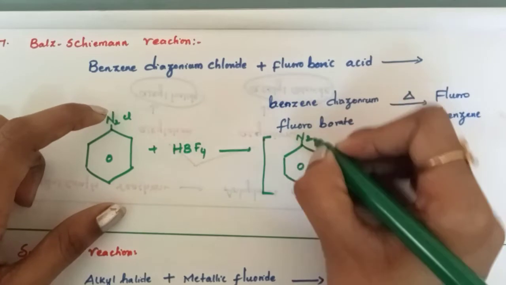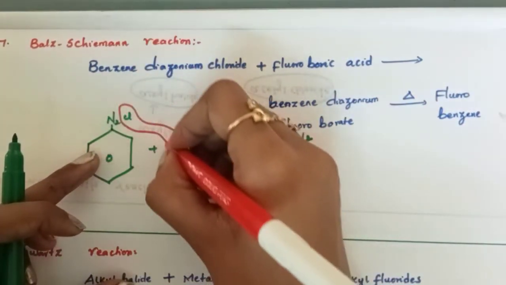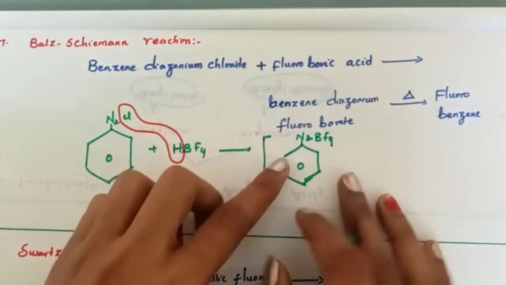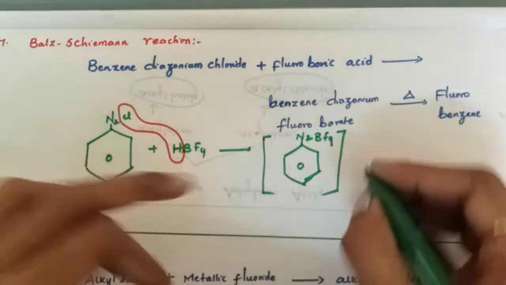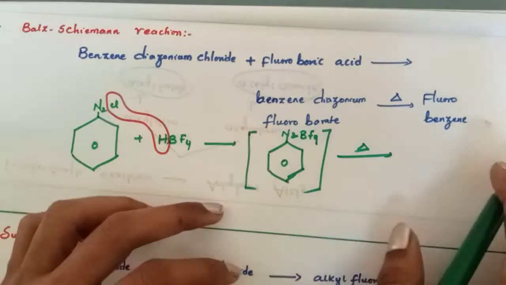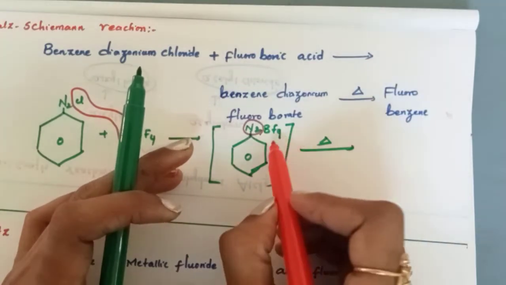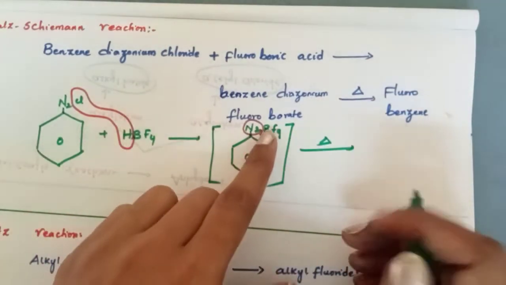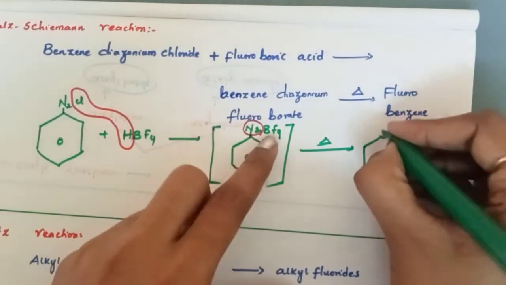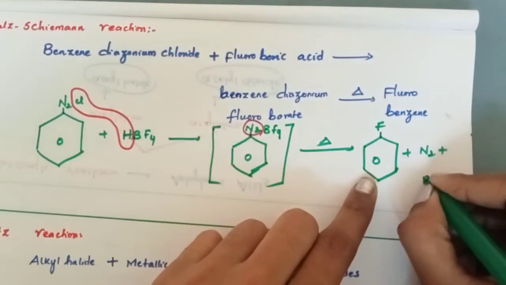So N2, here HCl got eliminated, N2BF4 is an intermediate product. Further, which on heating you will get fluorobenzene. So nitrogen gas evolved over here and BF3 is eliminated. Fluorobenzene is obtained. N2 plus BF3.